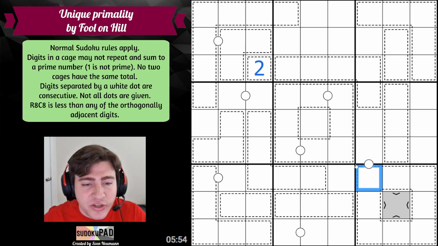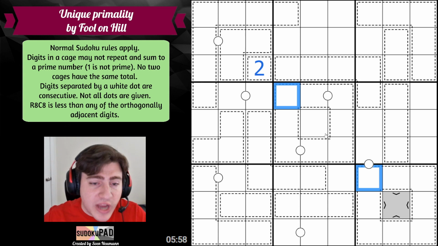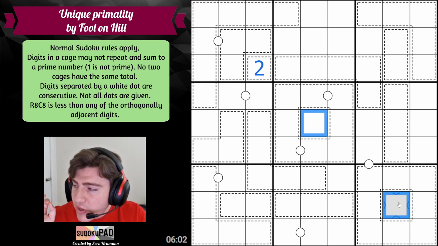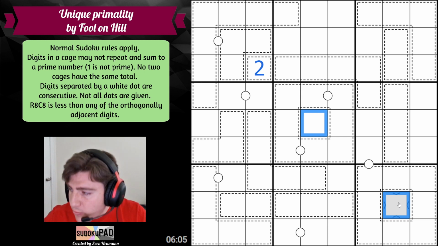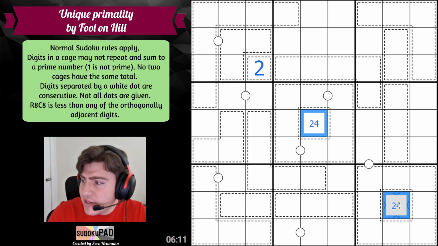So these 8-cell cages are limited to 37, 41, or 43, which actually tells us something about the cell in the center. 43 is minus 2, 41 is minus 4, and 37 is minus 8.